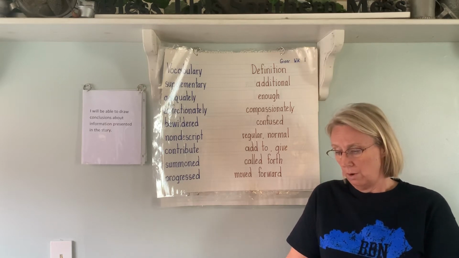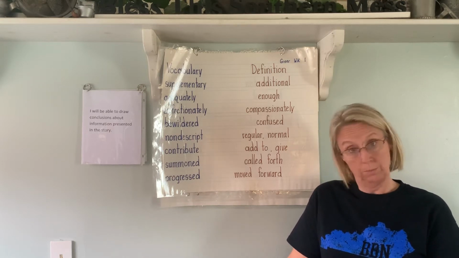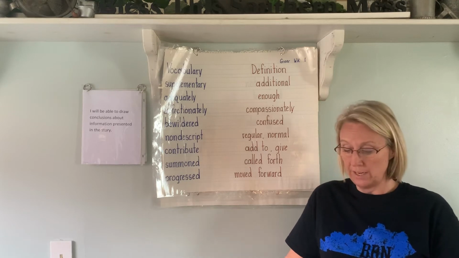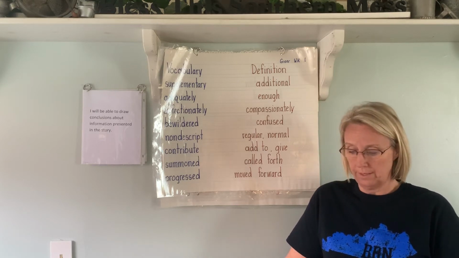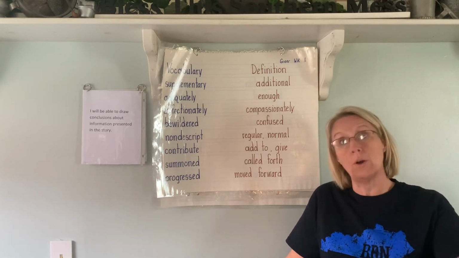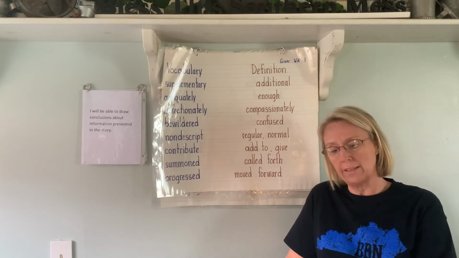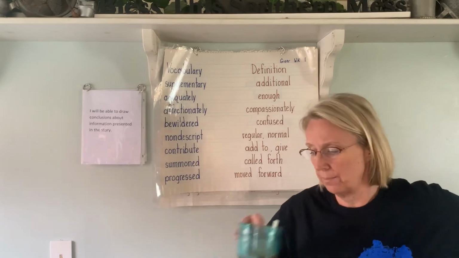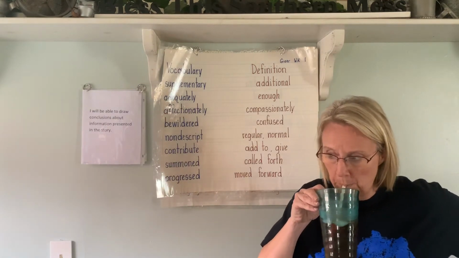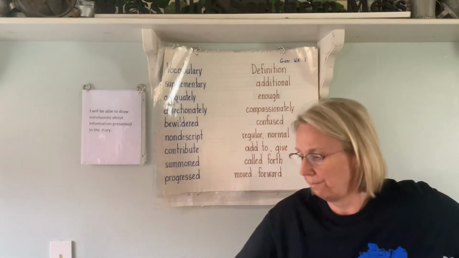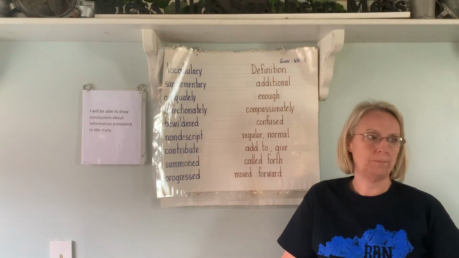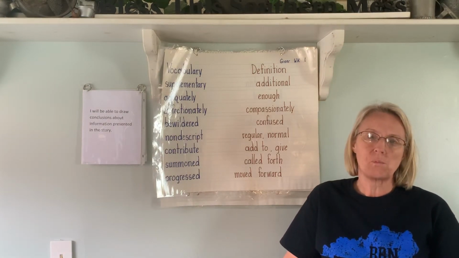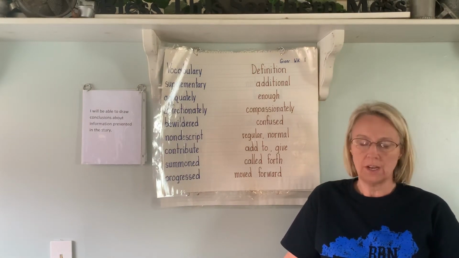So for my homeroom, you need to get a minute and grab a pencil. And you can write this right on your Team Talk. I'll wait just a second and let you get it. All right.